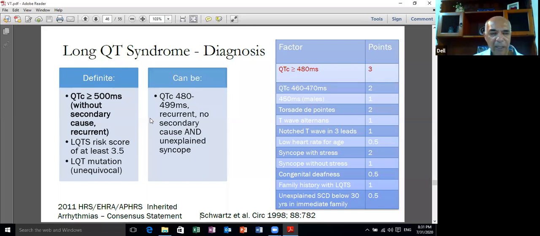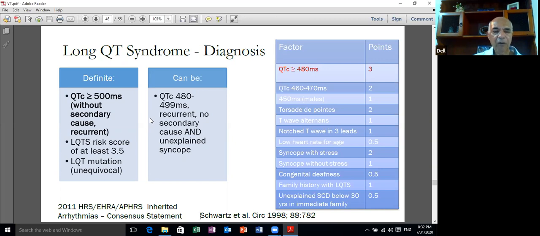And for the corrected QT, you measure the QT in one beat, go to the preceding beat, measure the RR, get the square root, and divide the QT by the square root of the preceding RR to get the QTc.